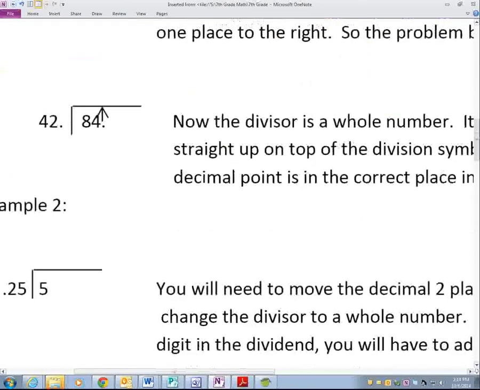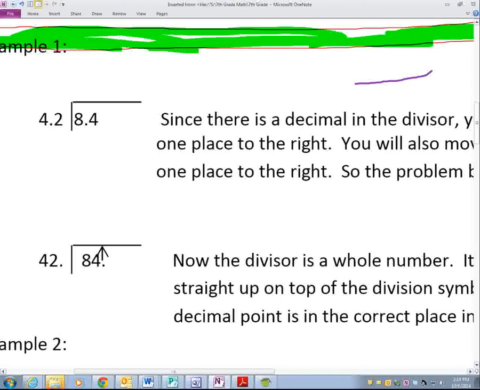Example 1. Since there is a decimal in the divisor, you will need to move the decimal one place to the right. So what's happening here is we have a decimal there. It's going to move over here because this is the divisor.